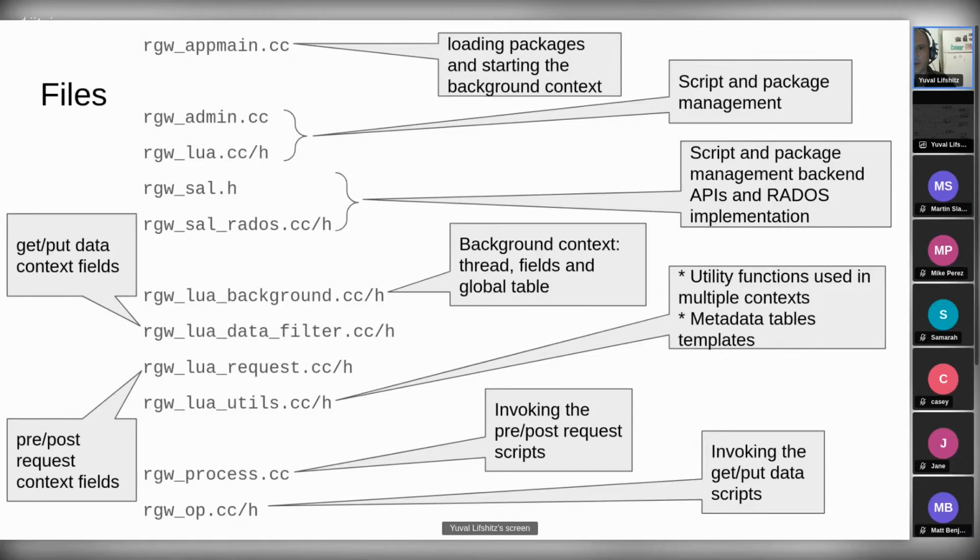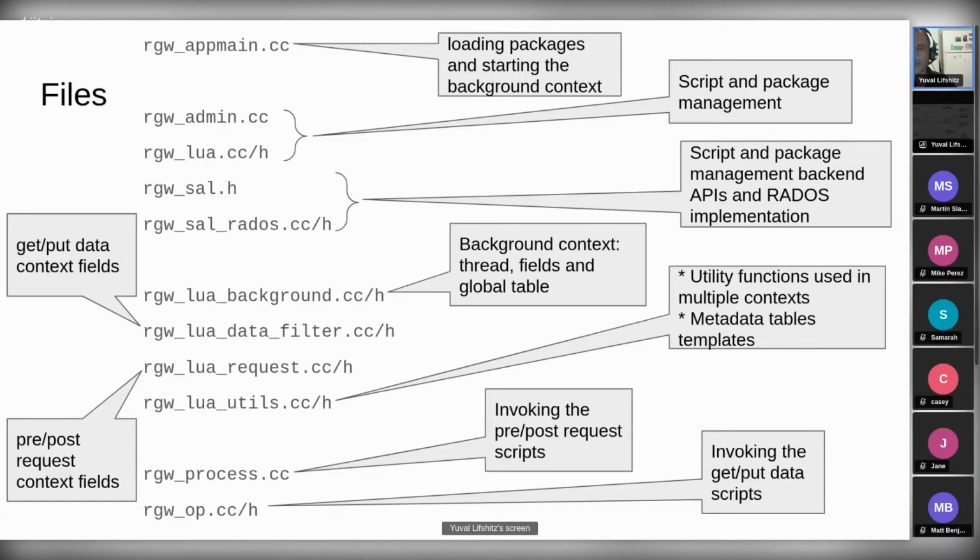So in RGW admin, this is the RADOS Gateway command line interface. This is where you put the scripts, and you can also do package management if you want to have Lua package dependencies that you use in your script. For example, if you want to use JSON in your Lua code, then you need to get the JSON package.